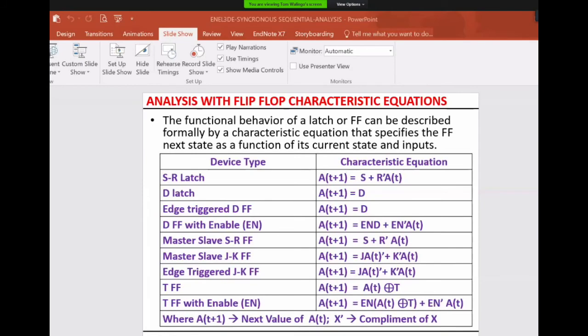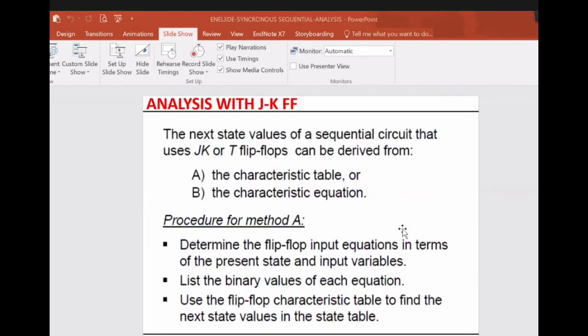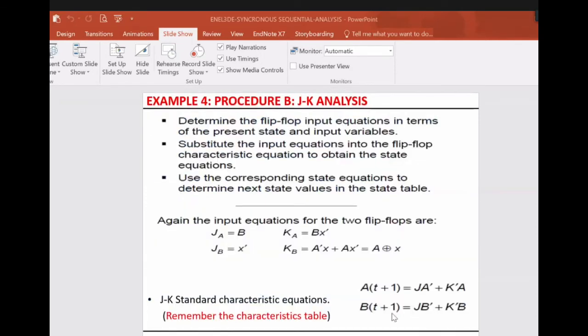It comes from the table we saw there. For JK flip-flops, master slave, edge triggered, that equation will be given. It relates J, K and A. It couldn't be B, C, or D. So that is where it is coming from.